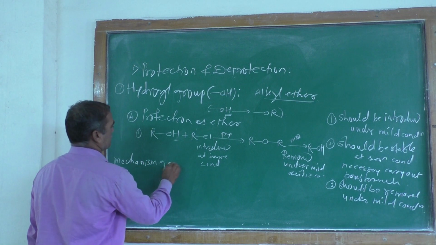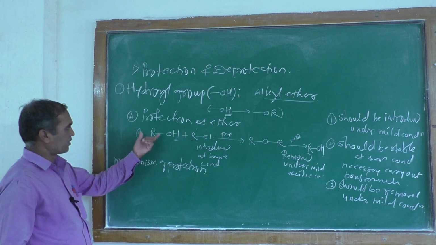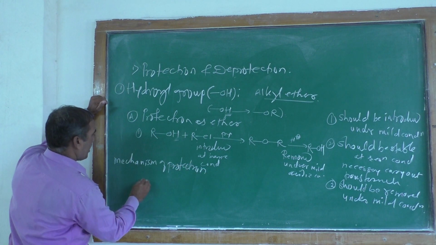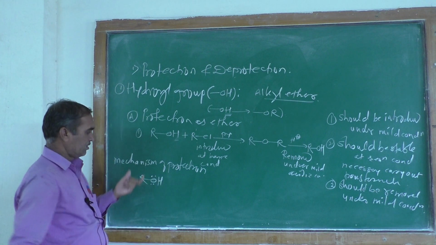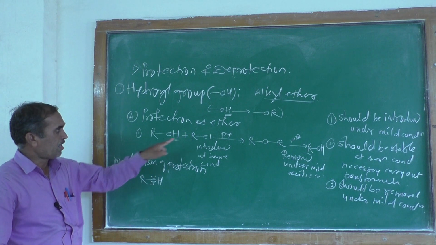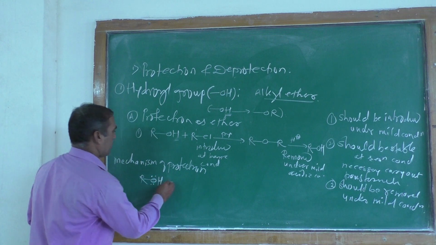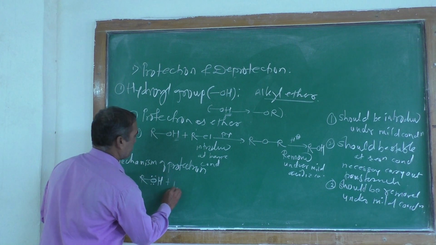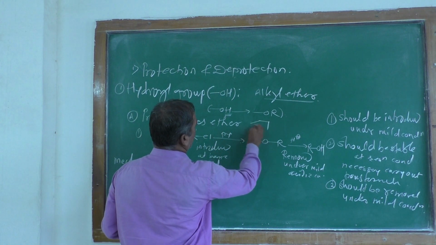of protection here. So here we have ROH. In this case the oxygen atom is more nucleophilic in nature, and the base used here is pyridine. Pyridine is basic in nature, and the structure of pyridine is this one.